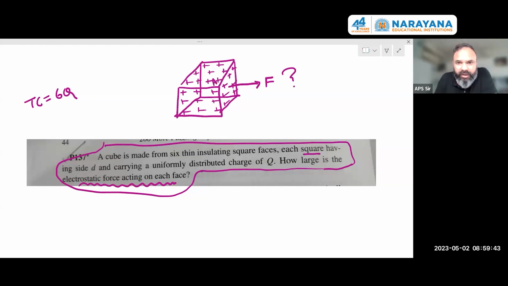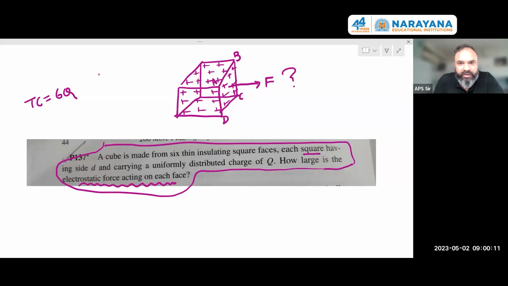And let me mark it A, B, C, D. So on A, B, C, D, because of the remaining 5 faces, we want to find out the force. Now, I was very clear looking into the geometry of the problem that the force will be normal to the face. In case you are not getting that point, I'll justify also why I've taken the force to be normal to the face.